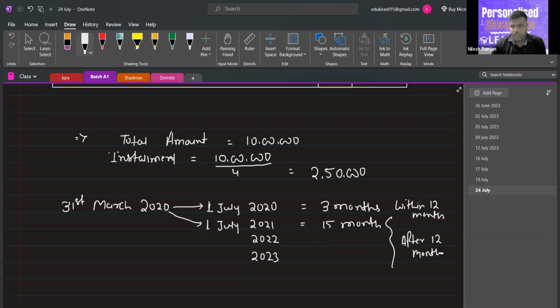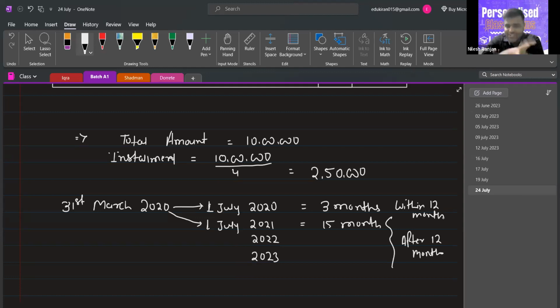Now tell me how we will record this. I explained the situation, so now I think that you will be able to tell me. Will it come under deferred tax?